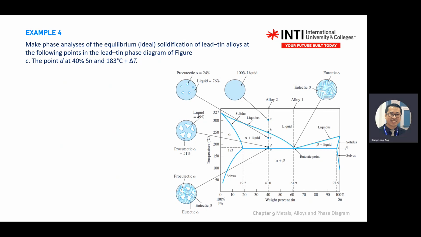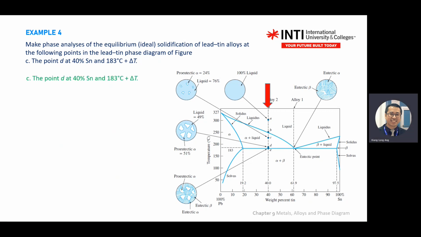First, what do you do? Identify what is D. Drop down 40%. Then draw a horizontal line. Identify what phases you have on the left-hand side and right-hand side of the line. Here, you draw a line, you have alpha. Here you have liquid, here you have beta plus liquid.